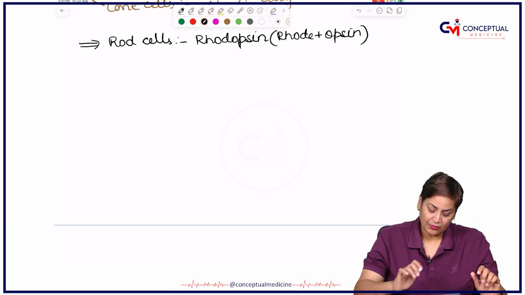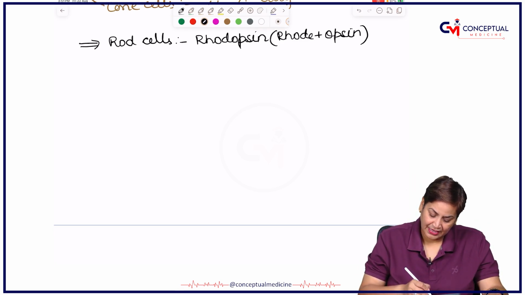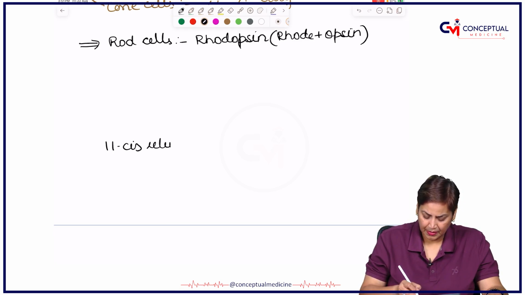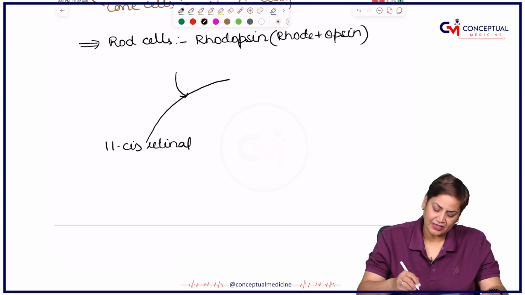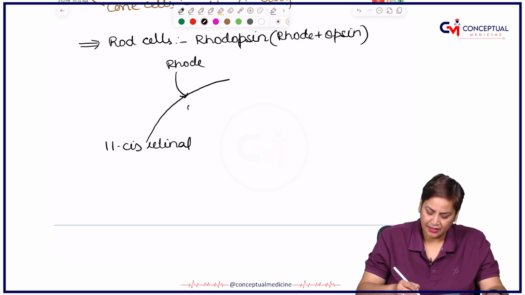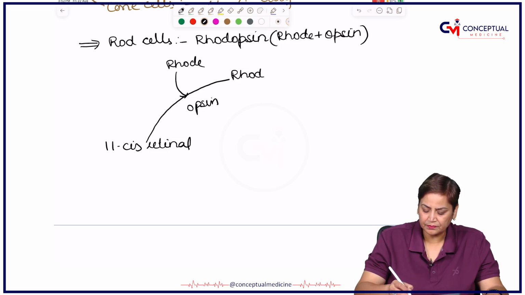So there is one 11-cis retinal. This 11-cis retinal will activate rhodopsin. So I can say rhod plus opsin will combine and rhodopsin will be produced.